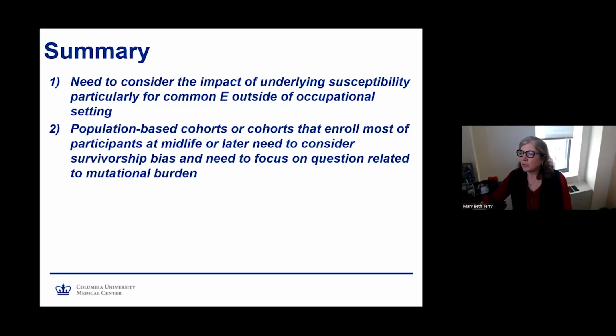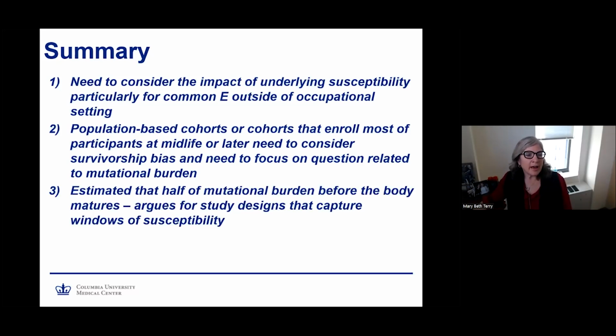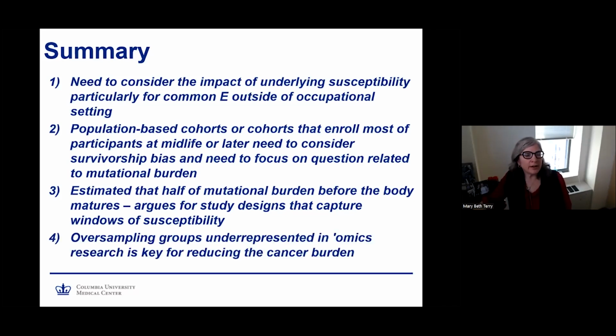Population-based cohorts or cohorts that enroll most participants at midlife or later need to consider survivorship bias and need to focus on questions related to mutational burden. The estimate that half the mutational burden occurs before the body matures argues for study designs that capture windows of susceptibility. And finally, oversampling groups underrepresented in omics research is key to reducing the cancer burden.